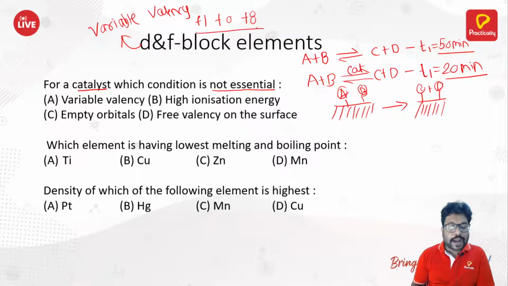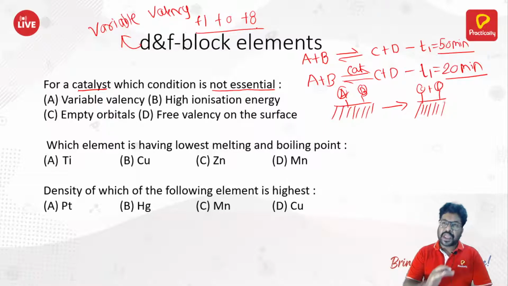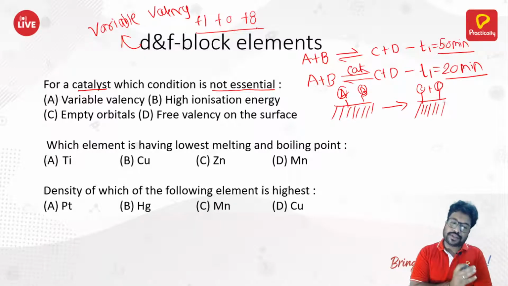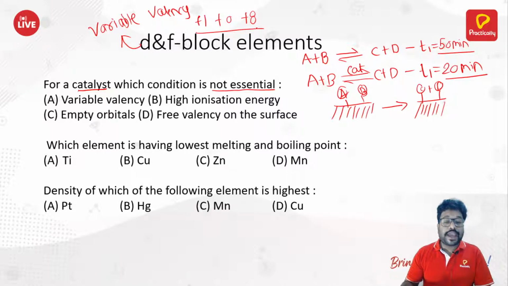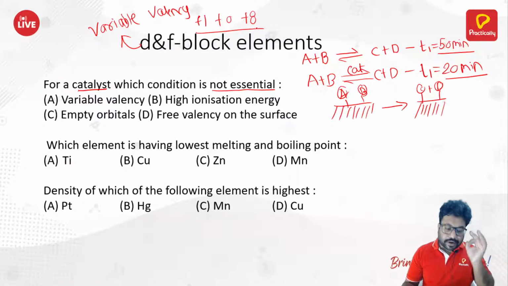By that, I don't mean that every D block element shows all the oxidation states, but most of them show a range of oxidation states. And that is a very important condition for a given compound to behave as a catalyst.